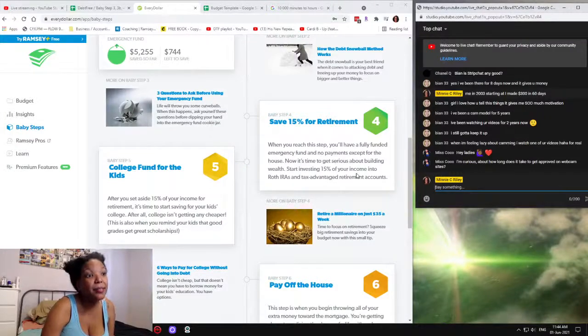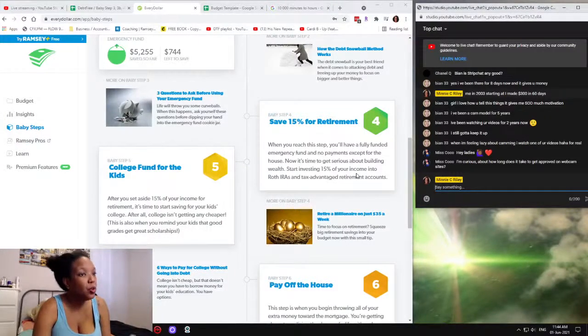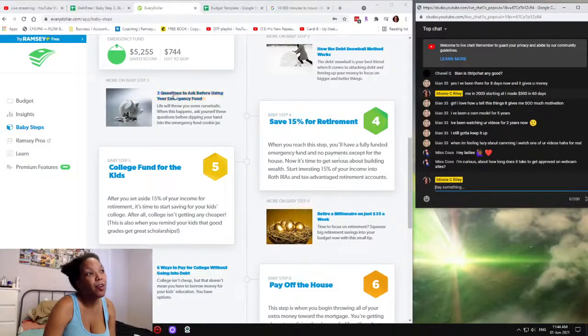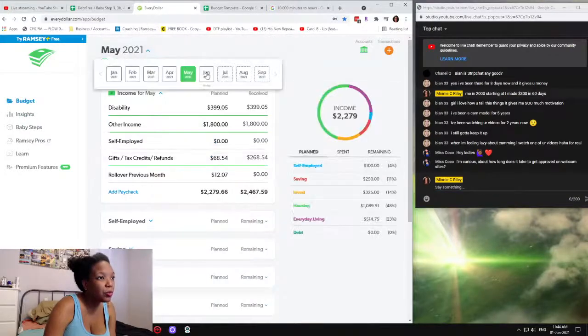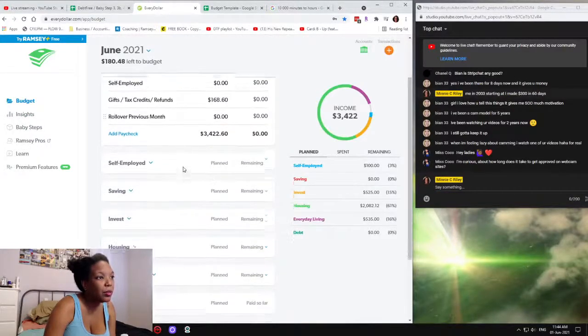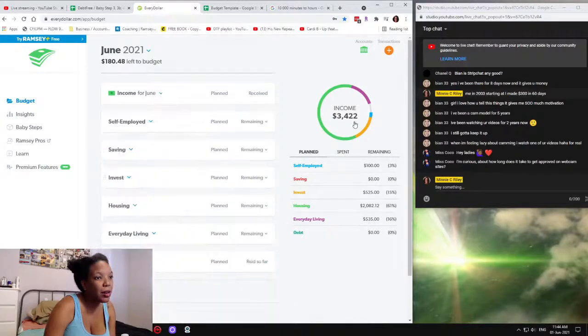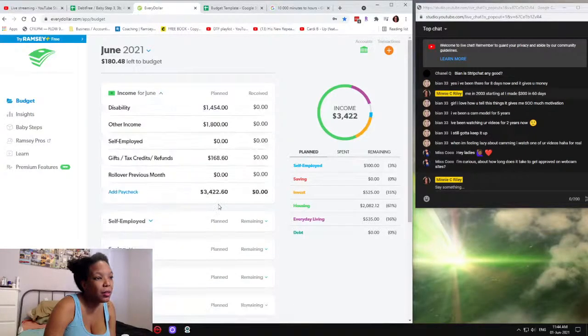Saving 15% of your income to retirement. That is what I'm doing right now. I have to go back to my budget and go to June, because we're in June. My income for June, that I know of, is $422.